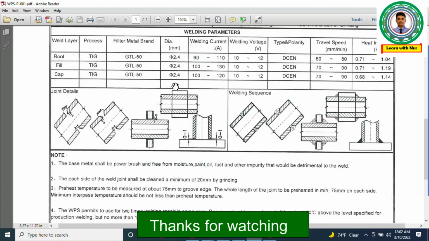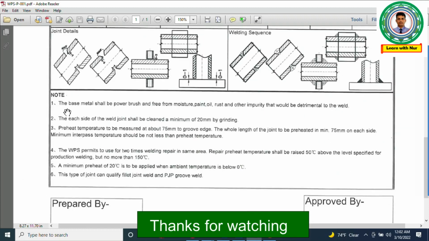Now the notes written here. The base metal shall be power brushed and free from moisture, paint, oil, rust and other impurities that would be detrimental to the weld. The second thing is that each side of the weld joint shall be cleaned a minimum of 20 mm by grinding. So before welding we have to clean a minimum of 20 mm on both sides by grinding.